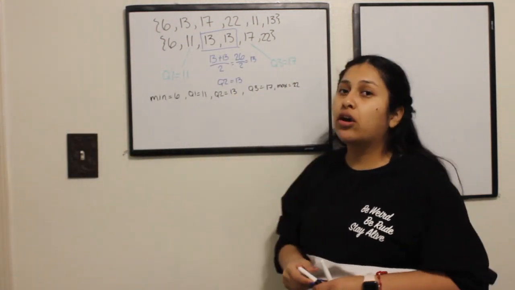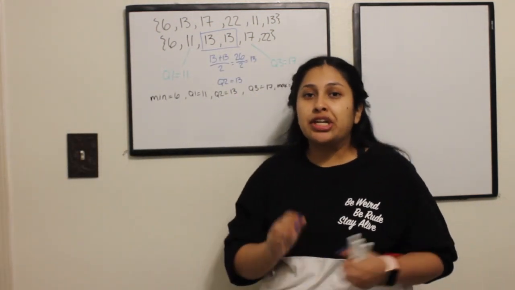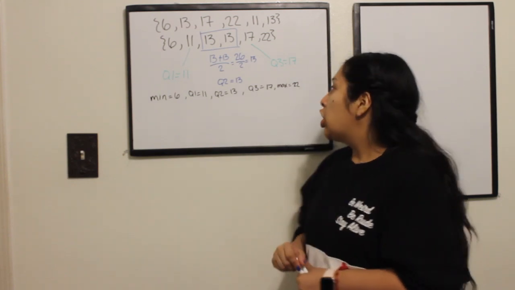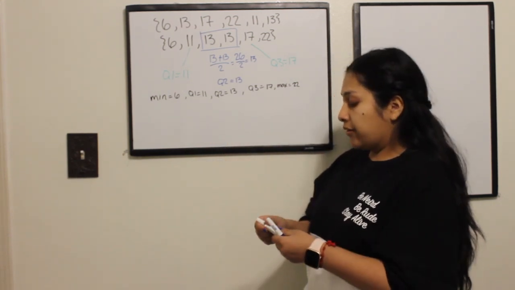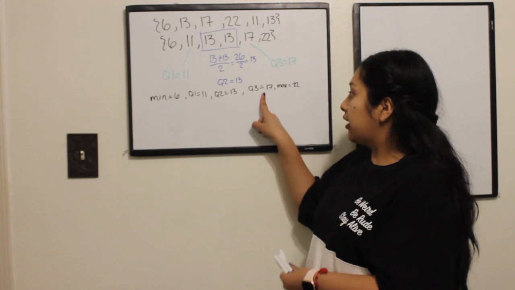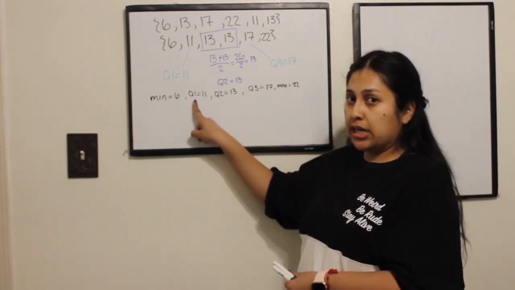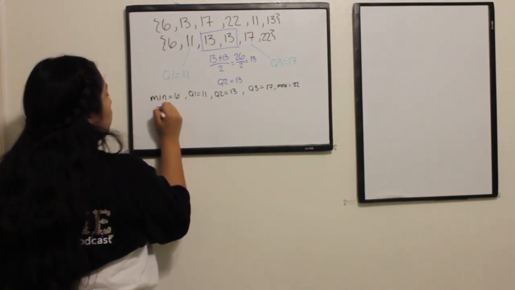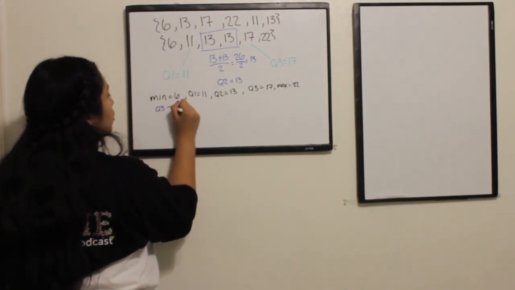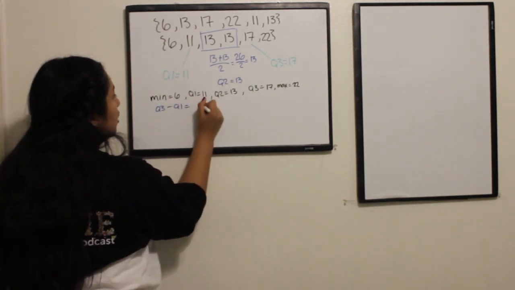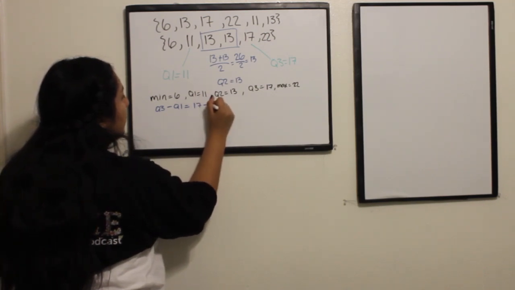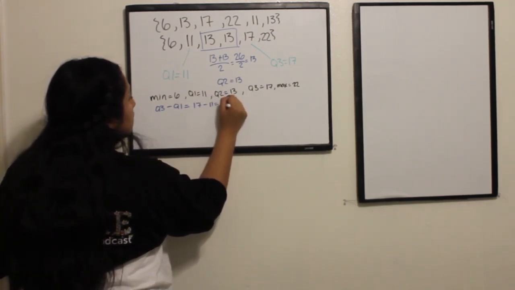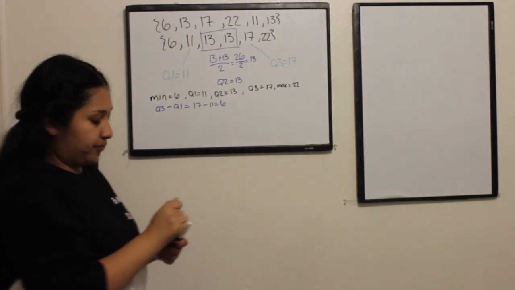So now we're going to find our IQR, which is our interquartile range. To find that, we're going to use our quartile 3 minus our quartile 1. So I'm going to write quartile 3 minus quartile 1, which is 17 minus 11, which is equal to 6.